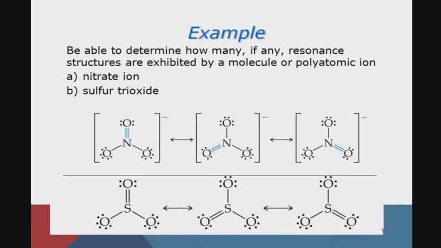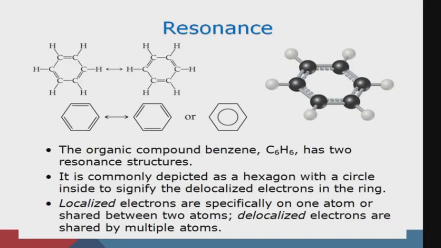Example: be able to determine how many, if any, resonance structures are exhibited by a molecule or polyatomic ion. A. Nitrate ion. B. Sulfur trioxide. Resonance: the organic compound benzene, C6H6, has two resonance structures.